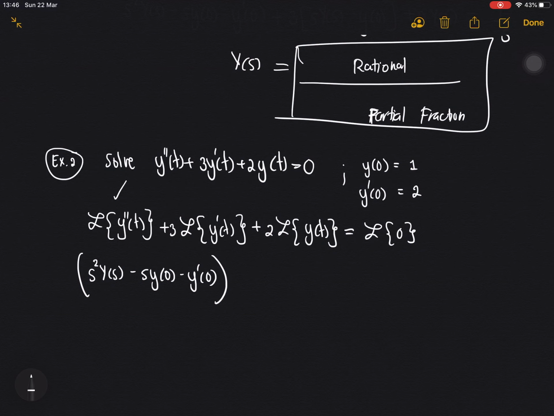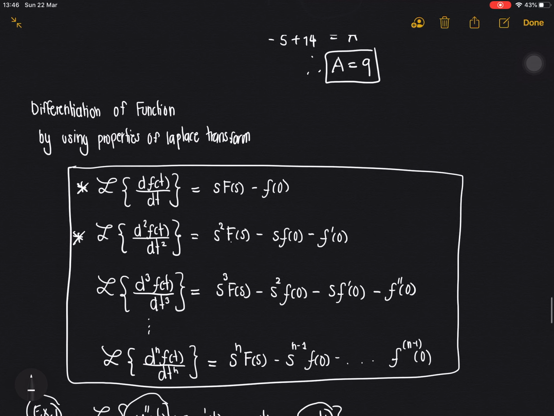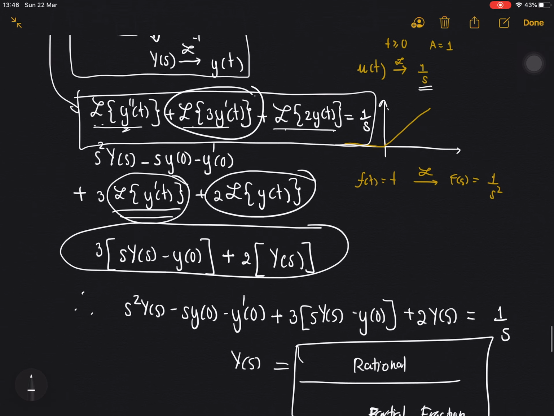And then for the second one, you have the addition of 3. So the Laplace transform of the first derivative is s Y(s) minus y(0), right? If you compare that to this one, that will be that.